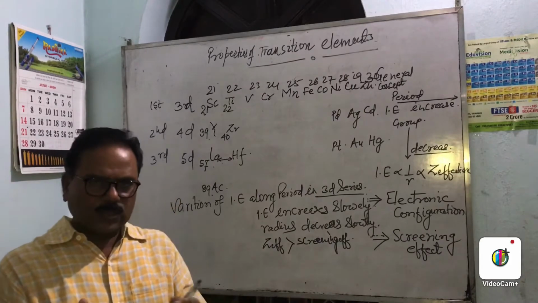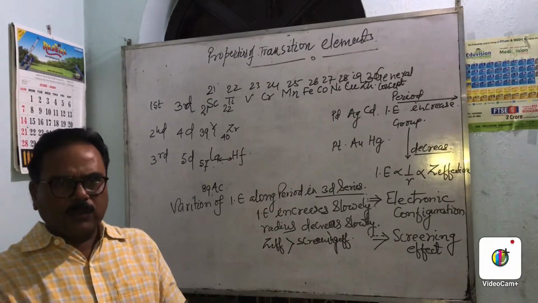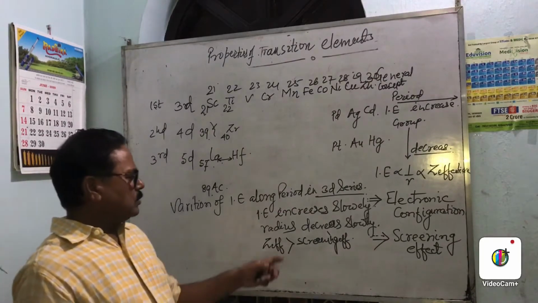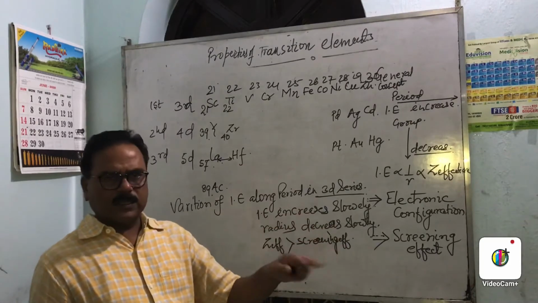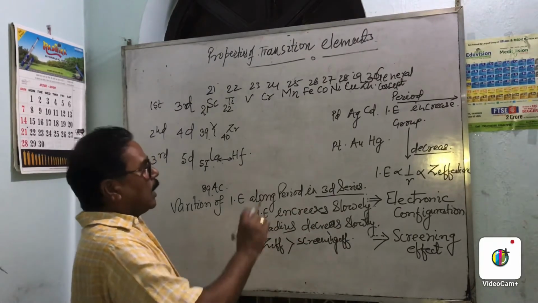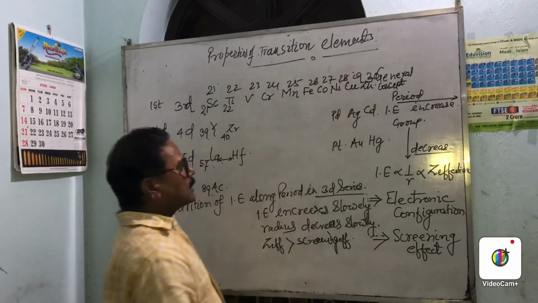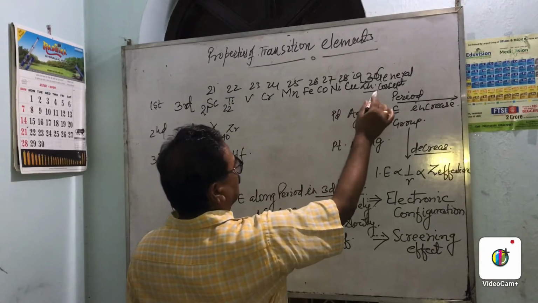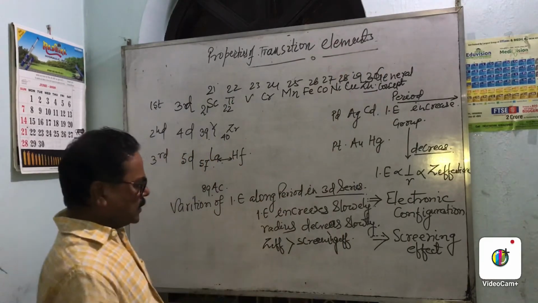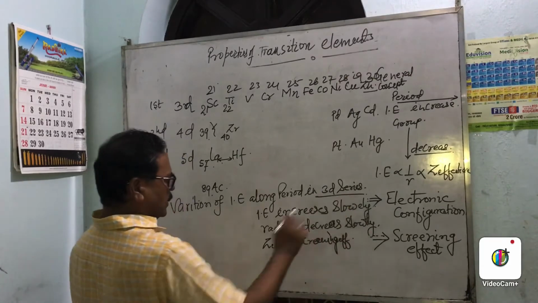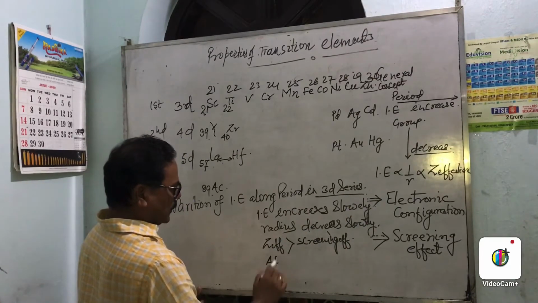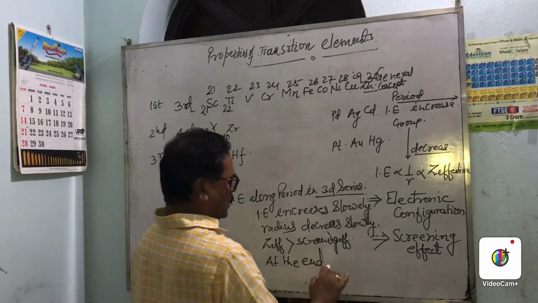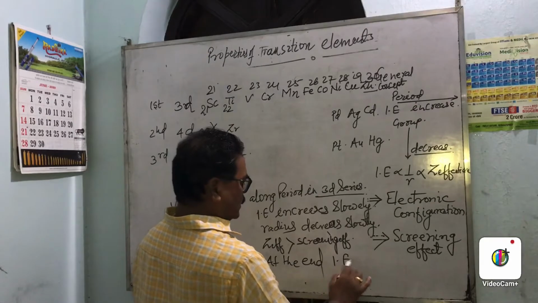The radius is not exactly equal but almost the same, so it decreases slowly and ionization energy increases slowly. At the end of the transition series, the ionization energy is high.